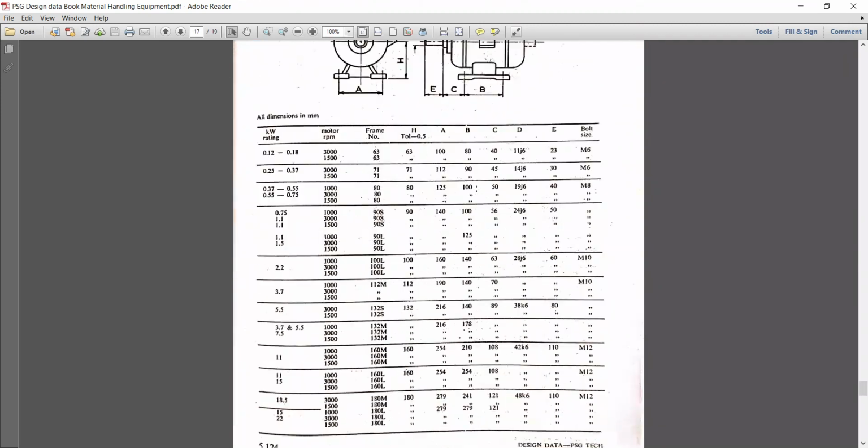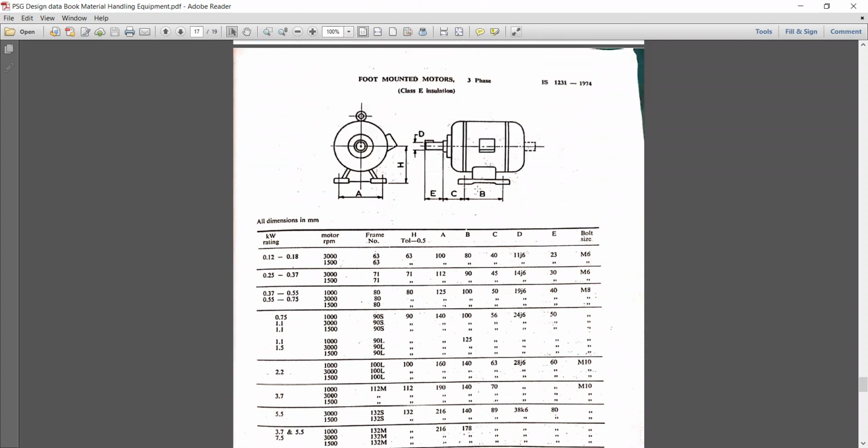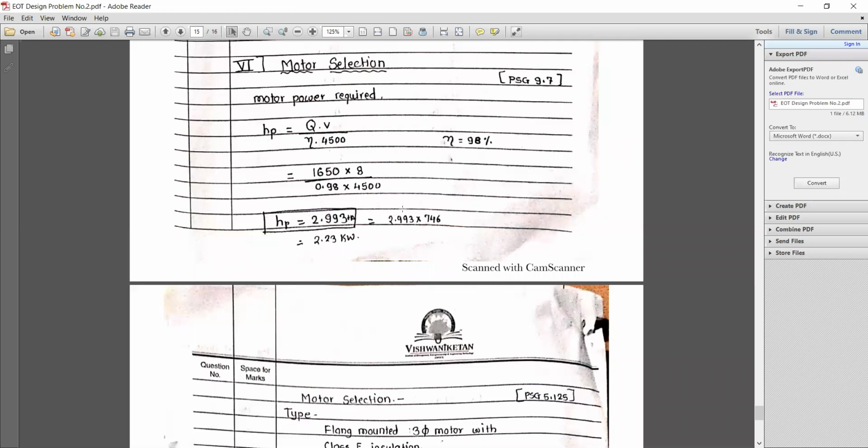Okay, so referring to page number 5.124, you can find the standard motors which we use for industrial applications. First of all, we need to calculate the motor power required. Referring to page number 9.7, the motor power required, HP, is equal to Q times V divided by efficiency times 4500.